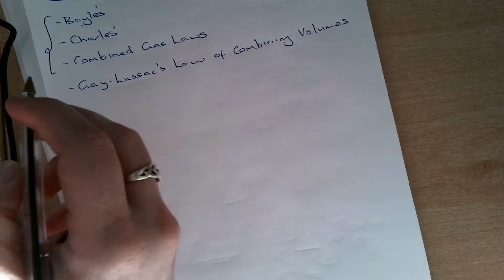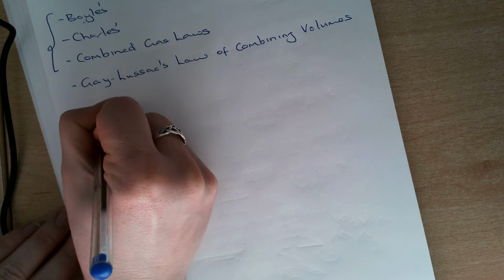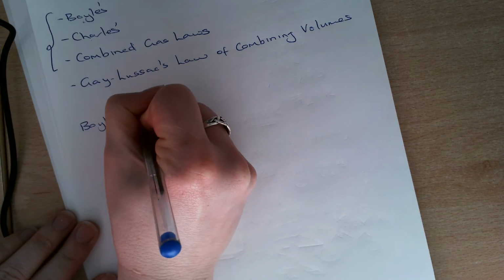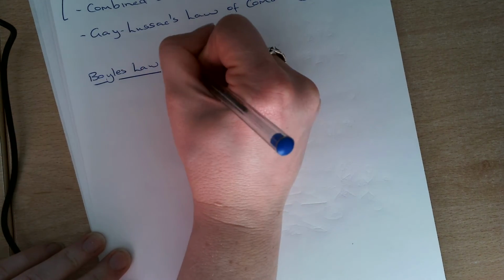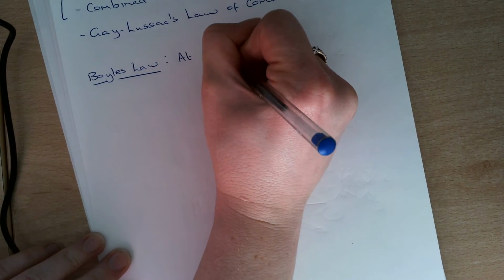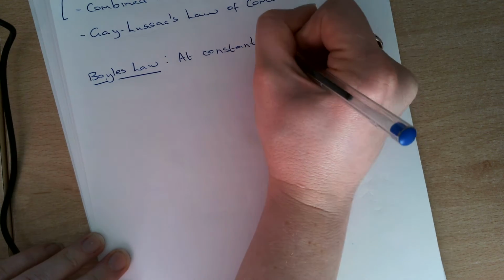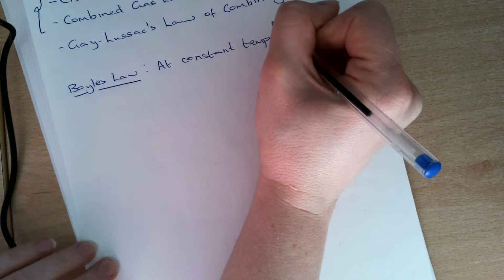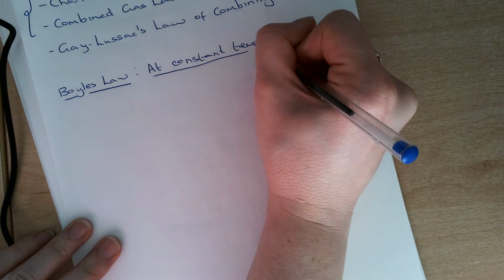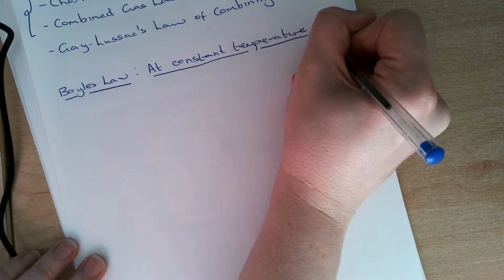So what you need to know firstly is our definition, Boyle's law. And that states, and you have to have this word for word, at constant temperature. So that has to be present, so my temperature remains the same.